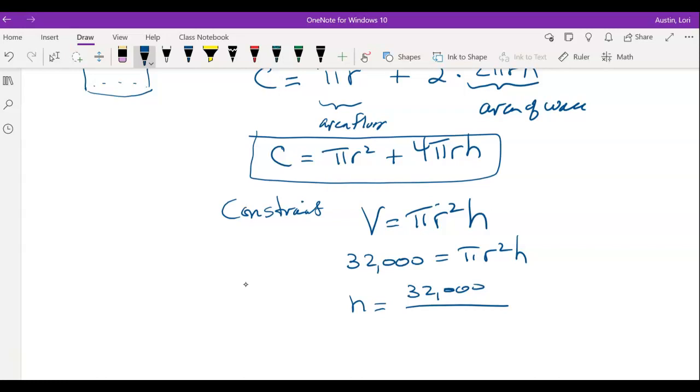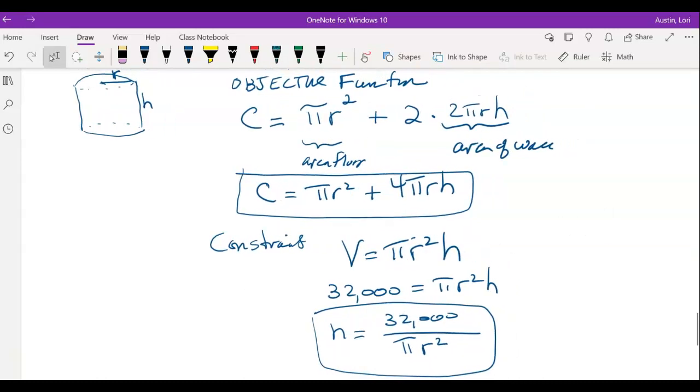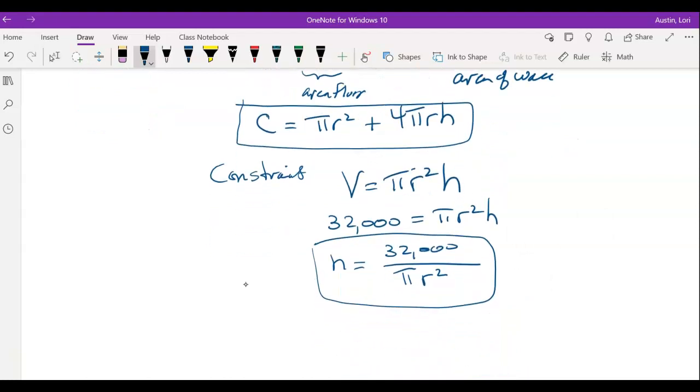So 32,000 divided by pi r squared. All right, so we're going to take that and plug it in. Remember what our function is that we're working with, our cost function. I'm going to call it C of r now because I'm putting the whole thing in terms of r. You don't have to.